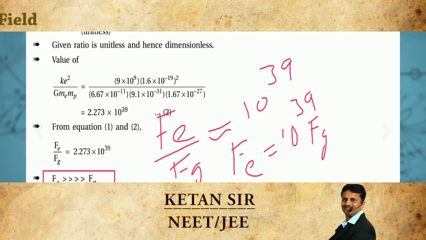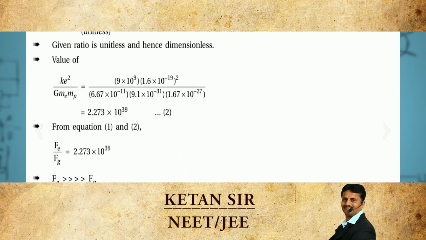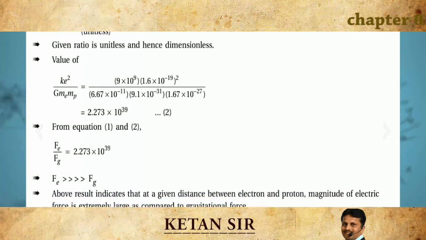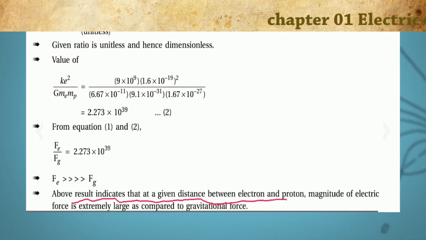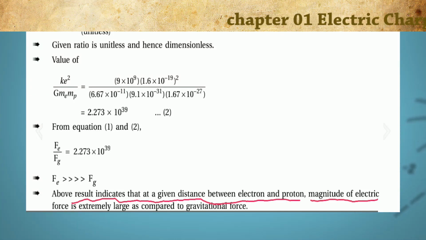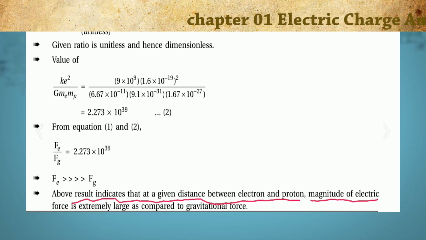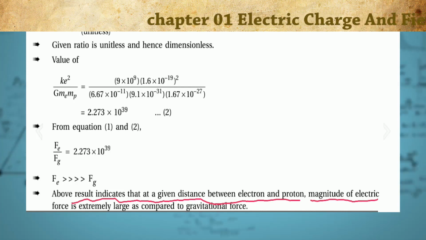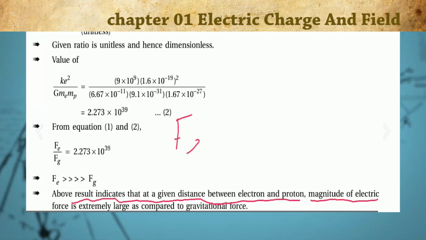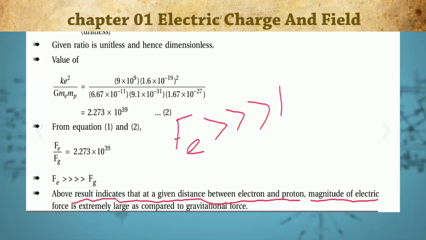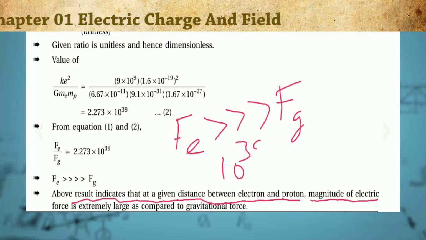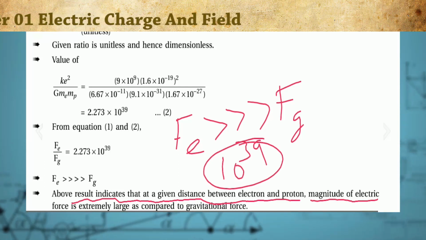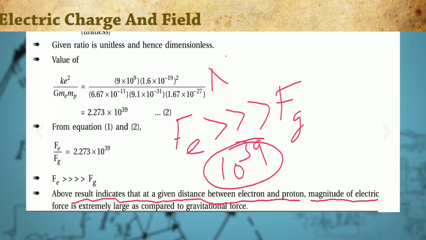The above result indicates that at the given distance between the electron and proton, the magnitude of electric force is extremely large compared to gravitational force. Electrostatic force is much greater than Fg, and its value is nearly 10 raised to 39 times. That is the NEET question.